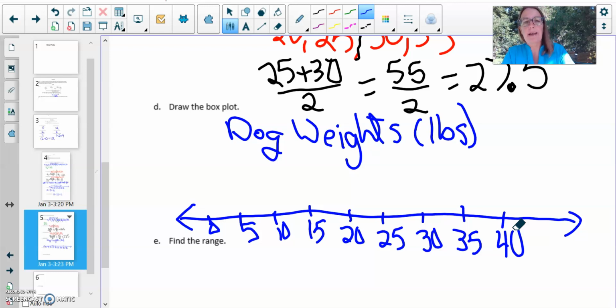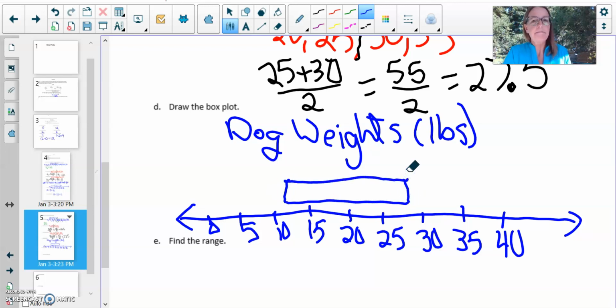So it was 12.5 for the left edge, the first quartile, 27.5 for my third quartile. So there's my box. My median was at 20. My minimum was 5 for my lower whisker. My maximum was 35 for my upper whisker.